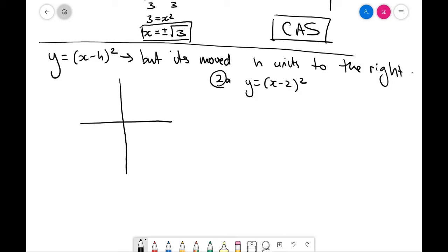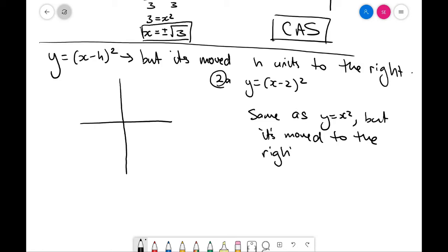So it's the same as y equals x squared, but it's moved to the right by 2 units. There we are.